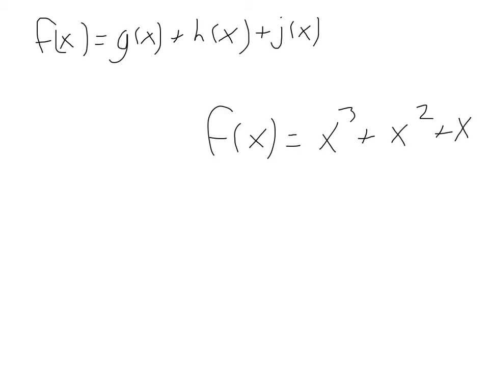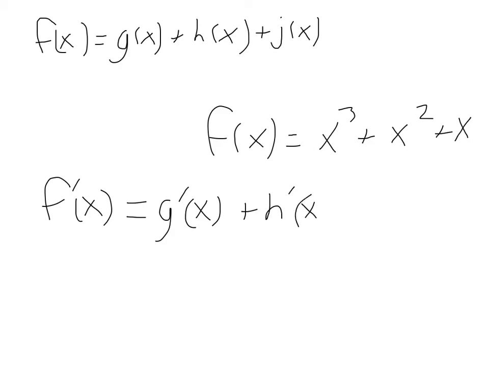If you want to find the derivative of a bunch of equations added together, it's kind of obvious: you just take the derivative of each of the equations individually and add them together. So that would be g prime of x plus h prime of x plus j prime of x.